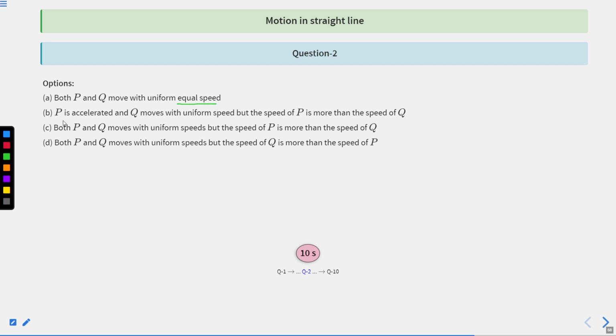Second option, P is accelerated and Q moves with uniform speed, but the speed of P is more than the speed of Q. C option, both P and Q move with uniform speeds, but the speed of P is more than the speed of Q. D, both P and Q move with uniform speeds, but the speed of Q is more than the speed of P. Which one is correct? You have 10 seconds to solve this question. After that, we will provide a solution. Clear?